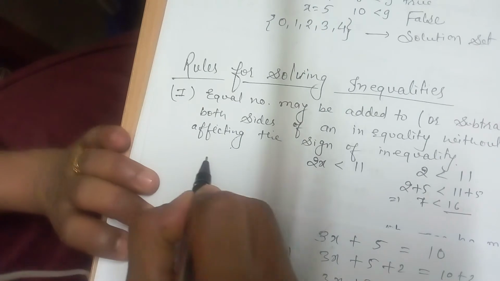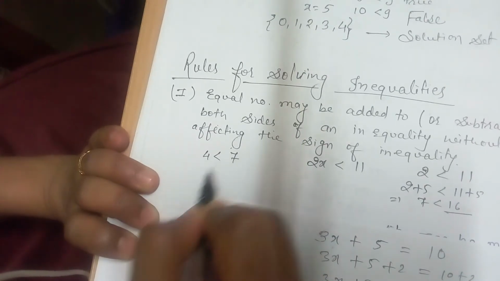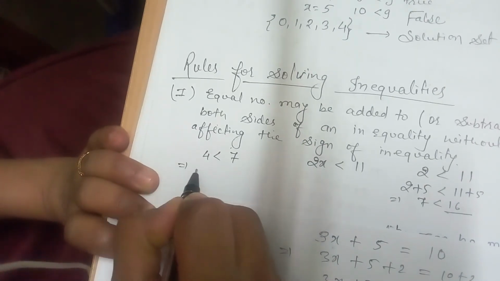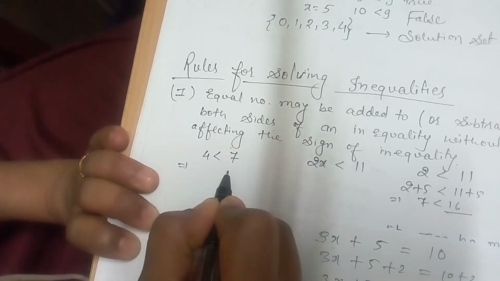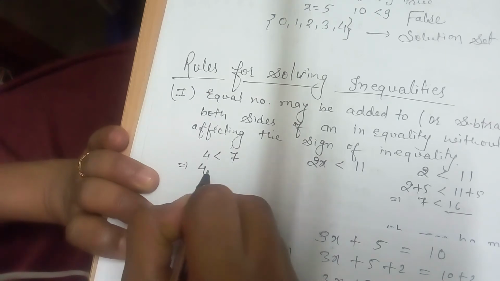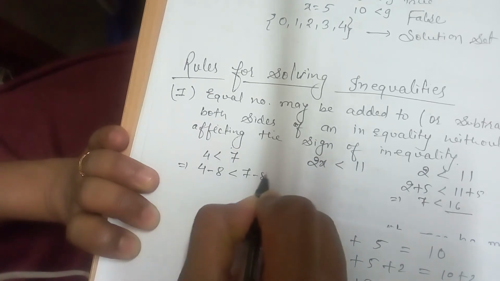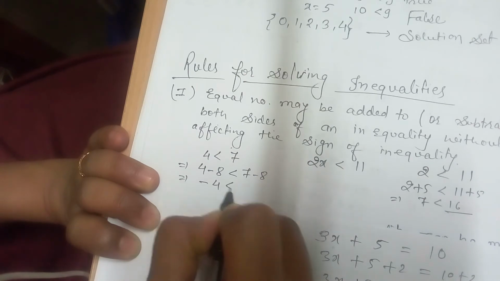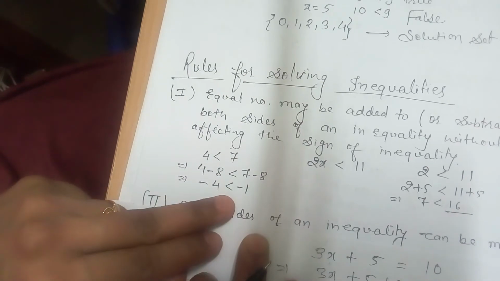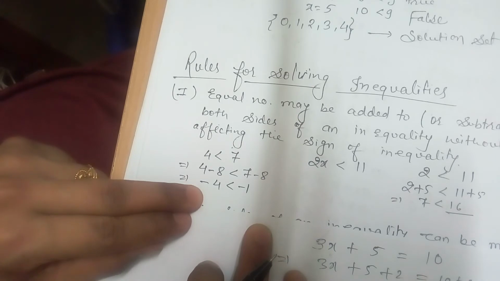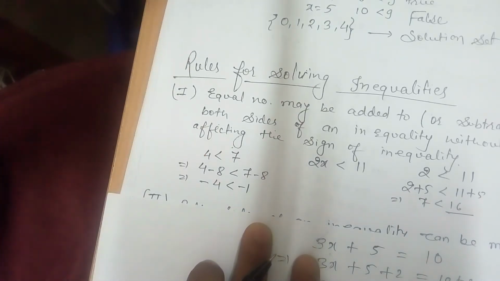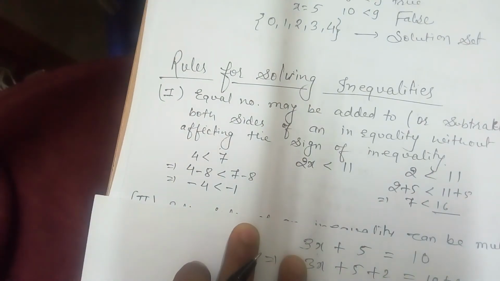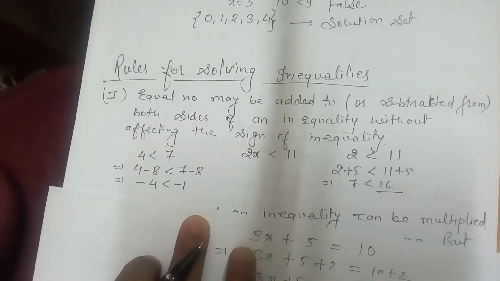For example, 4 is less than 7. If we subtract 8 from both sides of the inequality, then we get minus 4 is less than minus 1, which is also true. So the first rule is we can add or subtract the same number to both sides of an inequality.